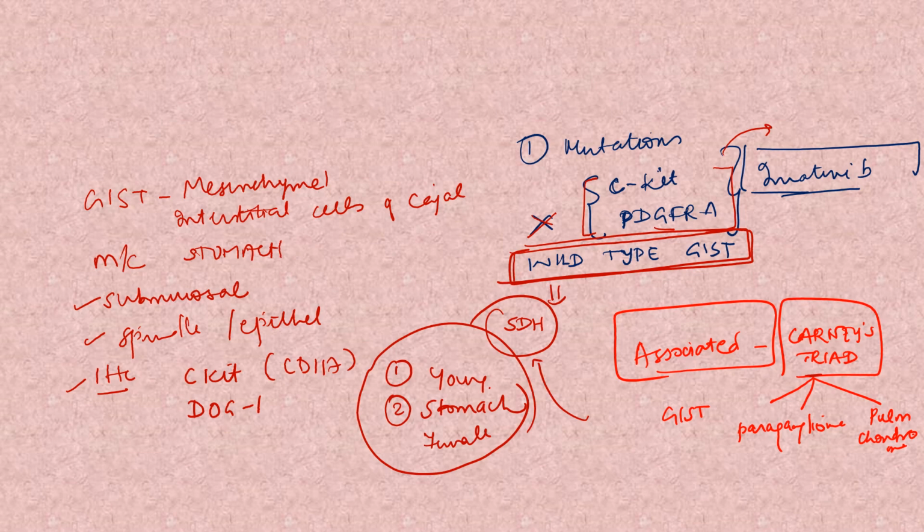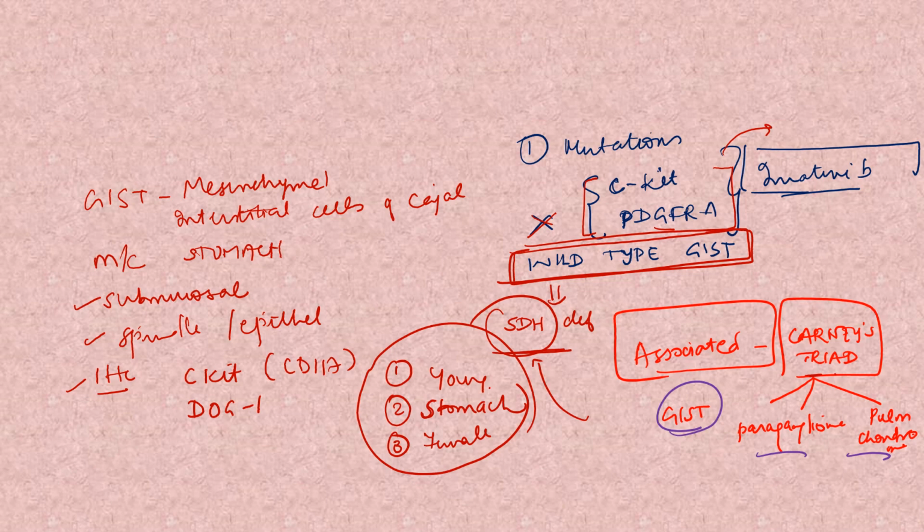And in wild type GIST you have a subset of GIST which are succinate dehydrogenase deficient. Those GIST which are SDH deficient usually occur in young females, especially in the stomach, and they can be associated with Carney's triad. So what is Carney's triad? Carney's triad is GIST, paraganglioma and pulmonary chondroma. So this is in short about GIST.